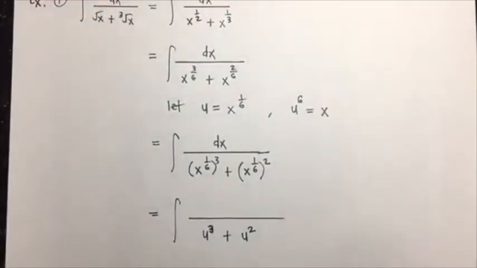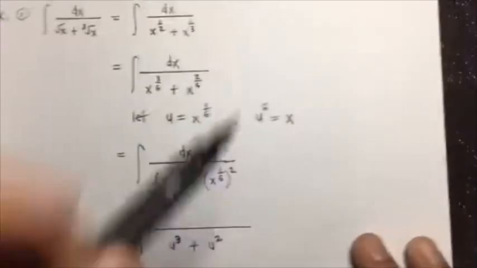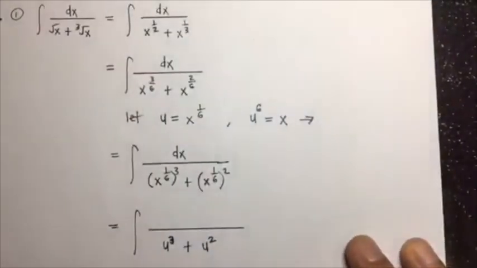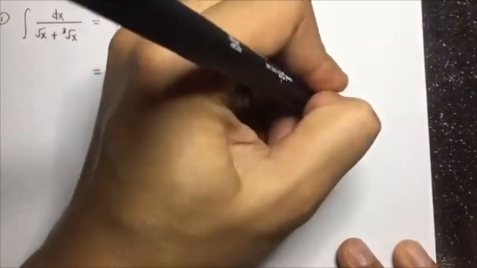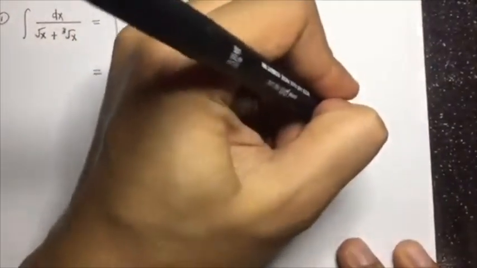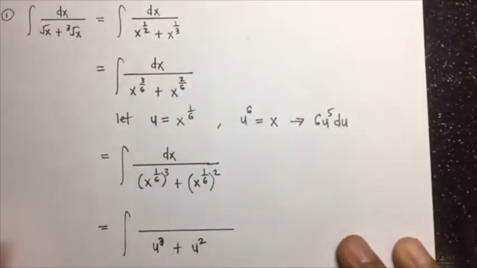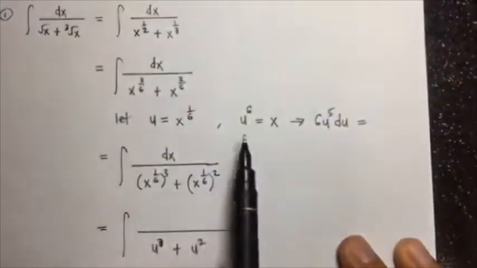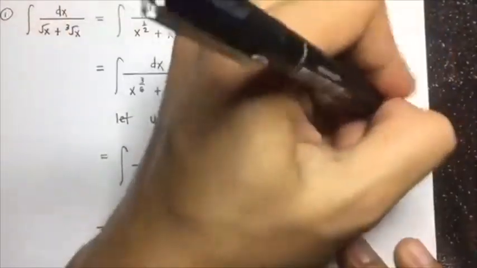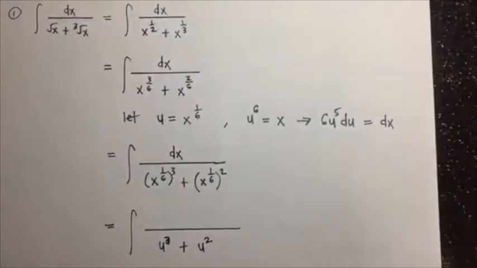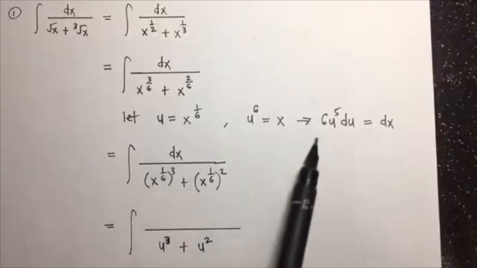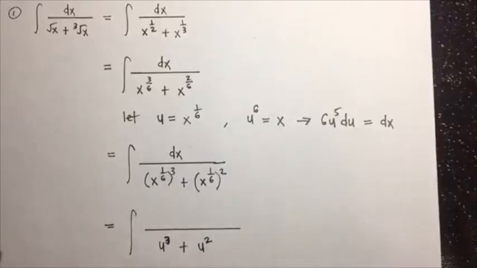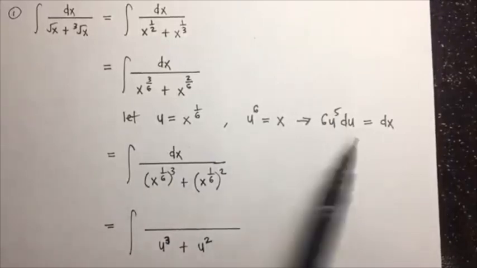Differentiating both sides, using the power formula, we get 6u raised to the power of 5 du, which is equal to the differential of x, dx. Therefore our dx in the numerator will be replaced by 6u to the 5th du.